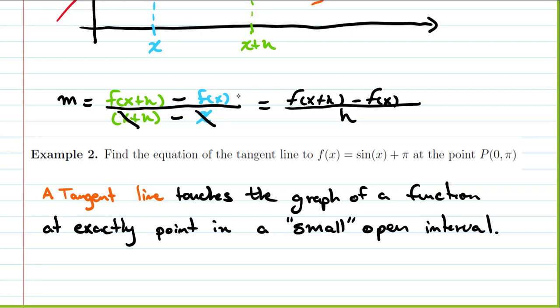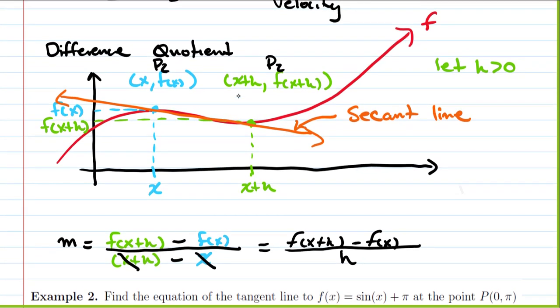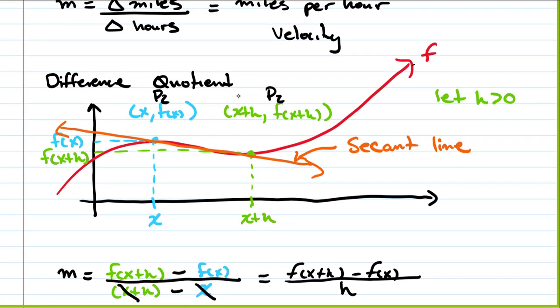So to help this make sense, let's go back to our picture. If we were somehow able to make h equal to 0, these 2 points would be the same, and the slope and that line would then only be touching the graph at exactly 1 point in some small interval. If the graph kept going and came down over here and the tangent line touched it again, that's not going to matter.